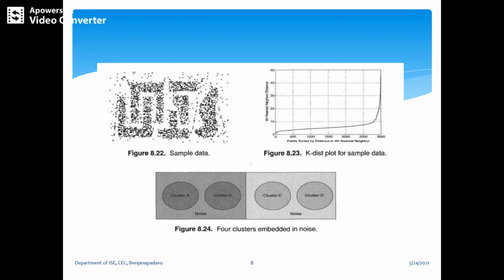The EPS threshold for this data was found by plotting the sorted distance to the nearest neighbor in the diagrammatic representation, and identifying the value at which there is a sharp increase. From 0 to here, there is a sharp increase. Suppose we select the EPS value equal to 10, which corresponds to the knee of the curve, that is called the knee of the curve.